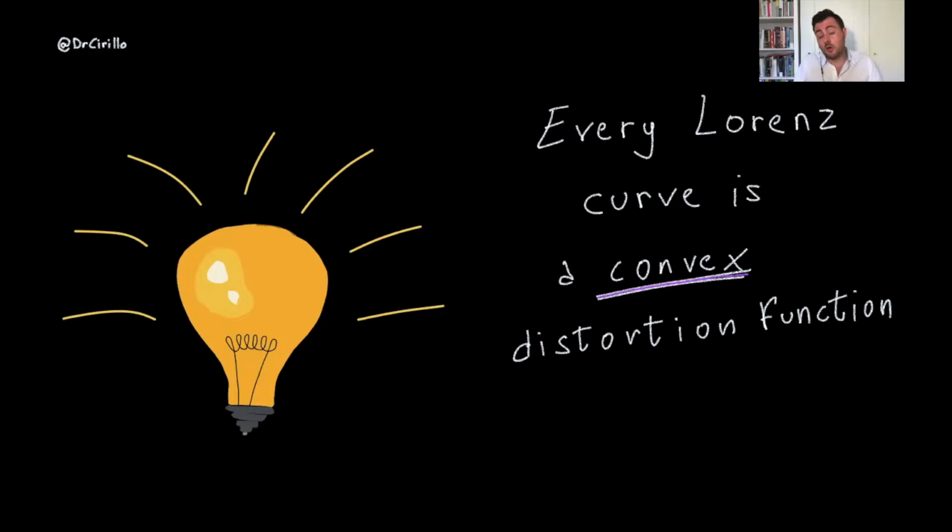A Lorenz function can only be convex. Okay, I agree with you that when the Lorenz function is the perfect equality line, that line is both concave and convex. But apart from this very pedantic situation, a Lorenz function is convex. So we can give an interpretation as a distortion function because it's non-decreasing, 0 in 0 and 1 in 1, it maps from [0,1] to [0,1], so it satisfies all the requirements.